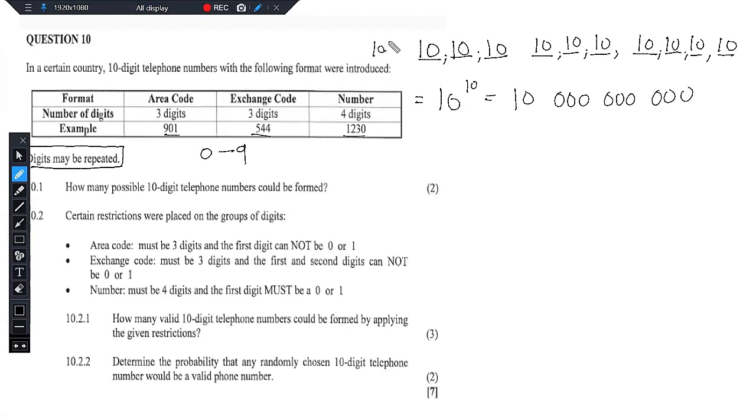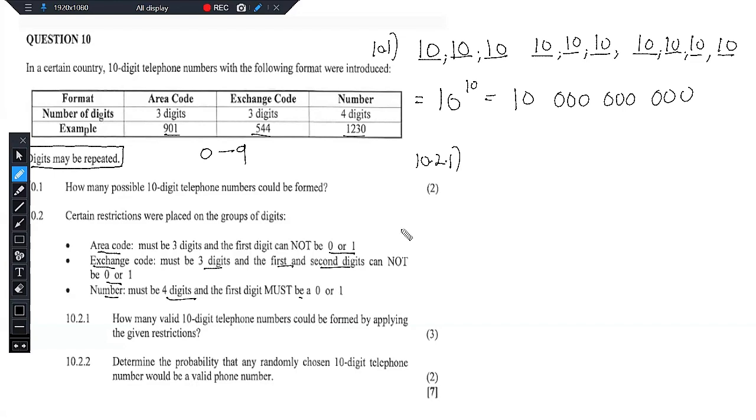So let's indicate this is for 10.1. Then for 10.2.1, it says certain restrictions were placed on the groups of digits. The area code must be 3 digits and the first digit cannot be 0 or 1. The exchange code must be 3 digits and the first and second digit cannot be 0 or 1. The number must be 4 digits and the first digit must be a 0 or 1.